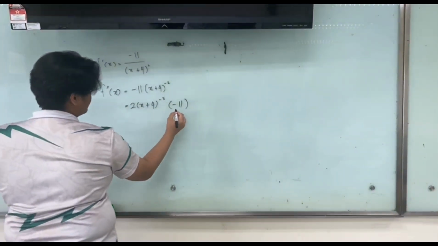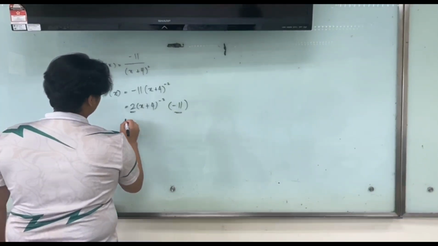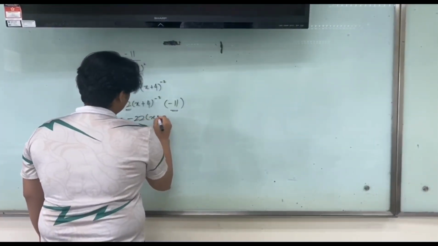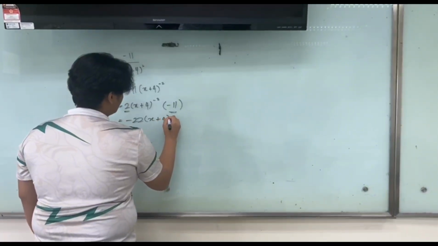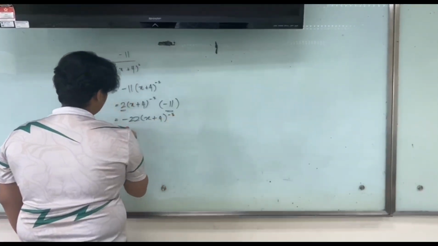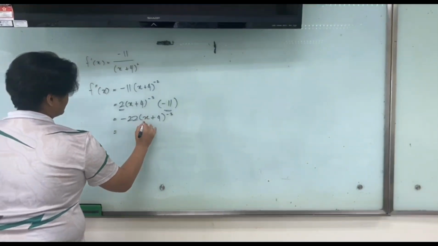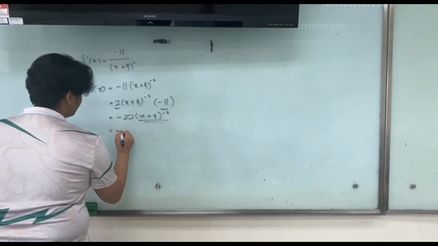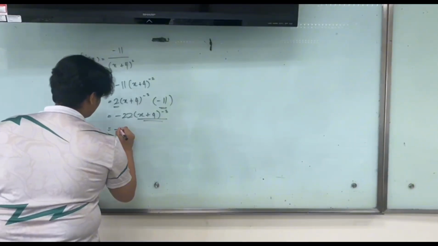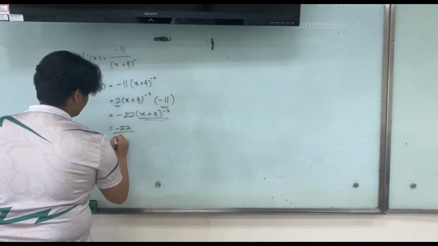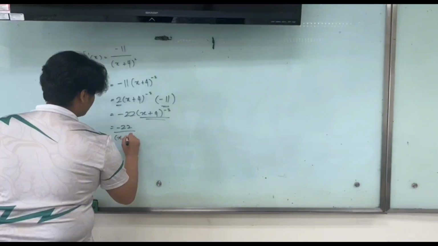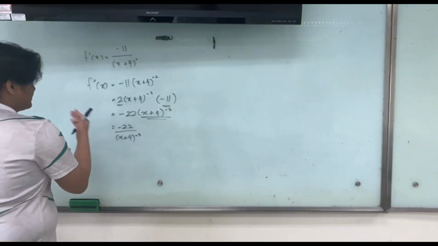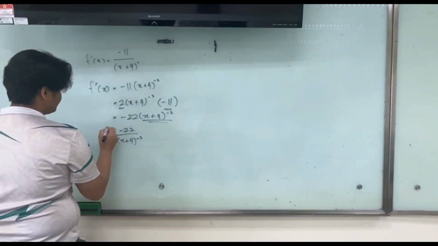You divide this 11 and this 2 is going to become negative 22 divided by (x plus 4) to the power of negative 3. Then you put back the (x plus 4) to the denominator, below.